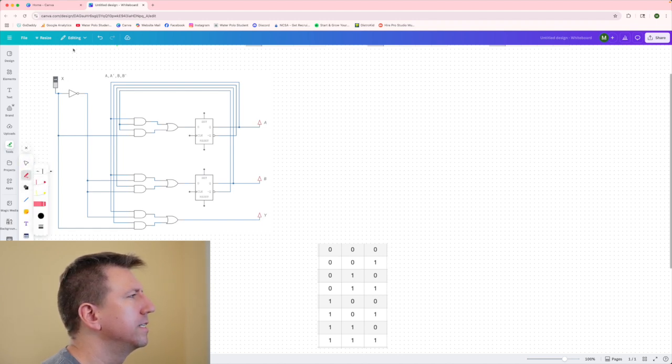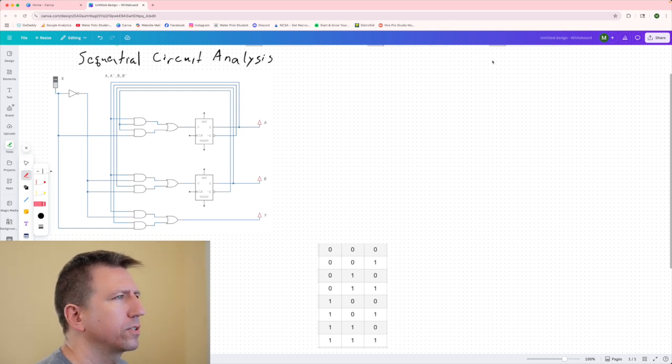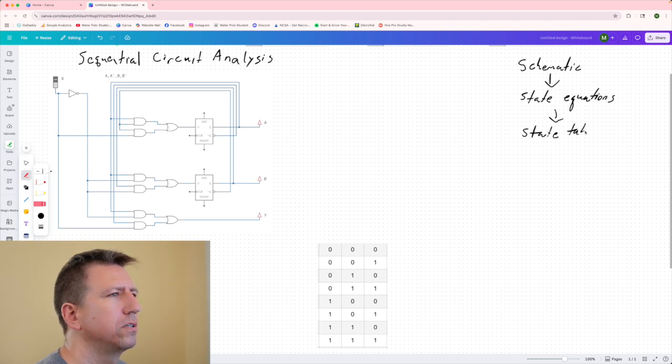So what you see here is a circuit diagram, and it's a sequential circuit analysis. In the sequential circuit analysis, we have a path. We go from the circuit schematic, the diagram, to the state equations, and then to the state table, and then we end up with the state diagram.